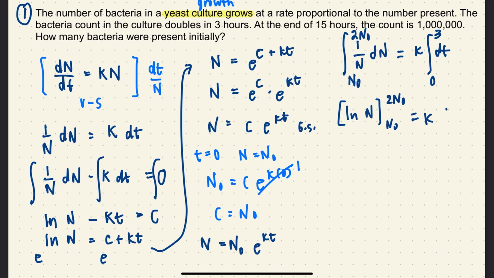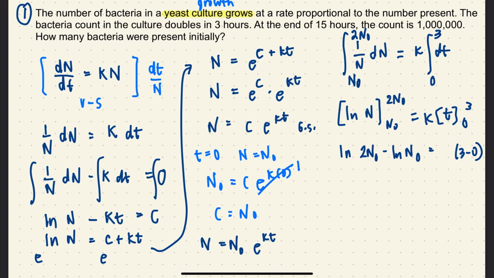So k times t from 0 to 3. Evaluating the result of the definite integral, this becomes ln of 2N0 minus ln of N0 is equal to k times 3 minus 0.